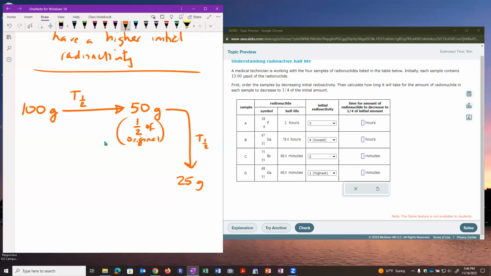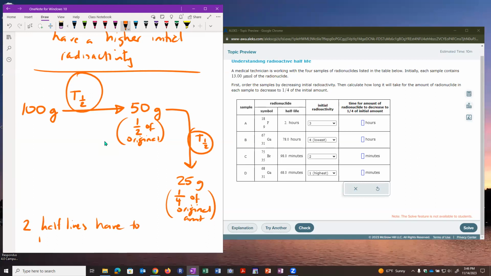So here I now have 25 grams, which is 1/4 of the original amount. Okay, so after 2 half-lives, I end up with 1/4 of the original amount. So in order for us to end up with this amount, 2 half-lives have to pass by.